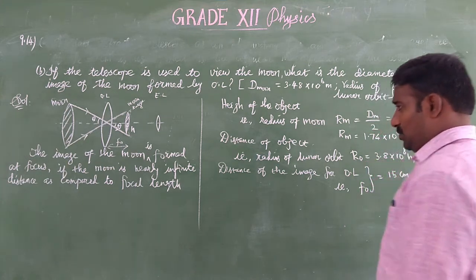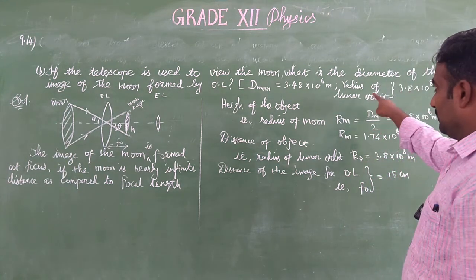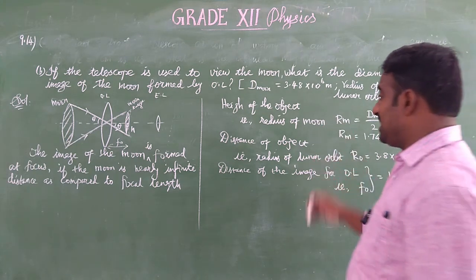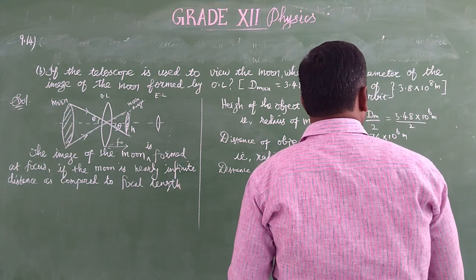So what do we want to find next? What is the diameter of the image of the moon formed by the objective lens? So we want to find the diameter of the image formed by the objective lens.